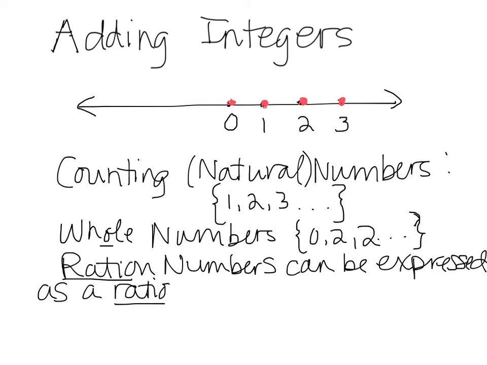That leaves us now to the idea of integers. Integers came into the picture when people wanted to talk about debt, when you owed money, when you have less than 0. There was not a number to define that. So we had to get into the negatives.